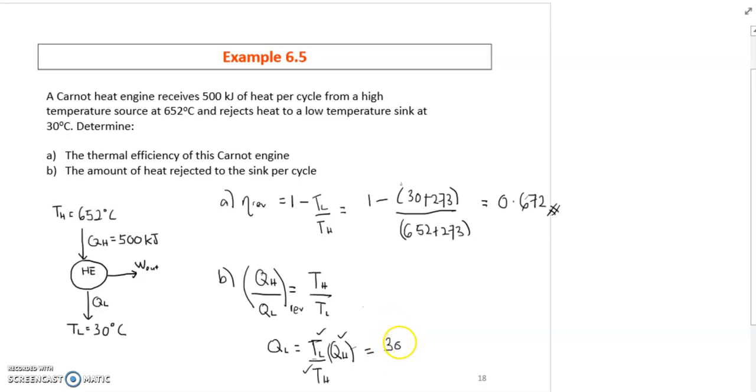So make sure to always convert your temperature to Kelvin. QH is 500 kilojoules. So plug in these values and you will get QL reversible equal to 164 kilojoules. Okay, so that's the answer for part B.